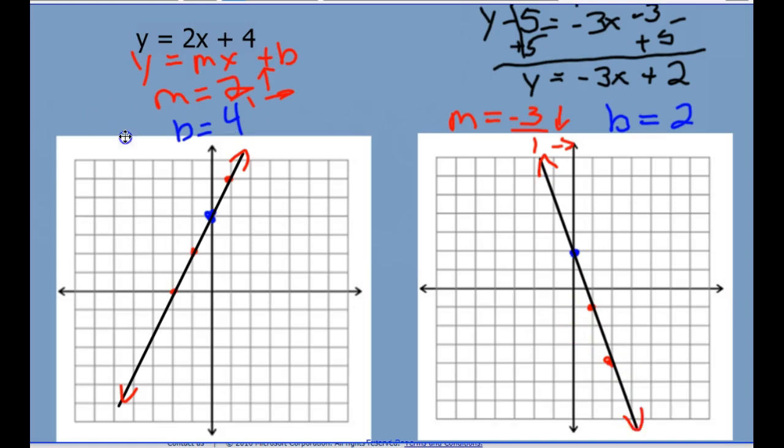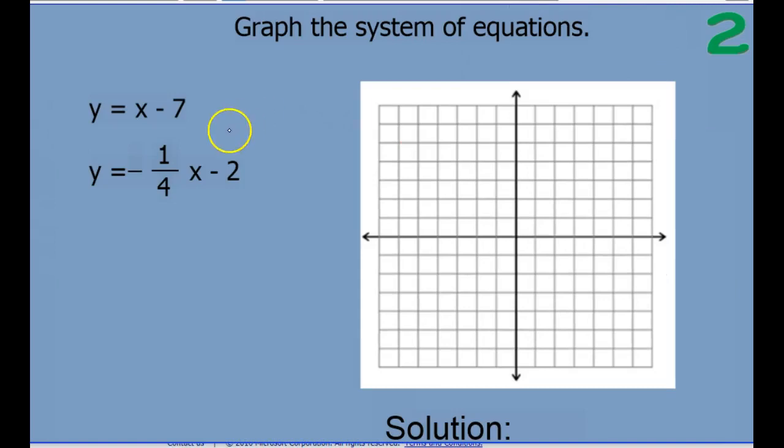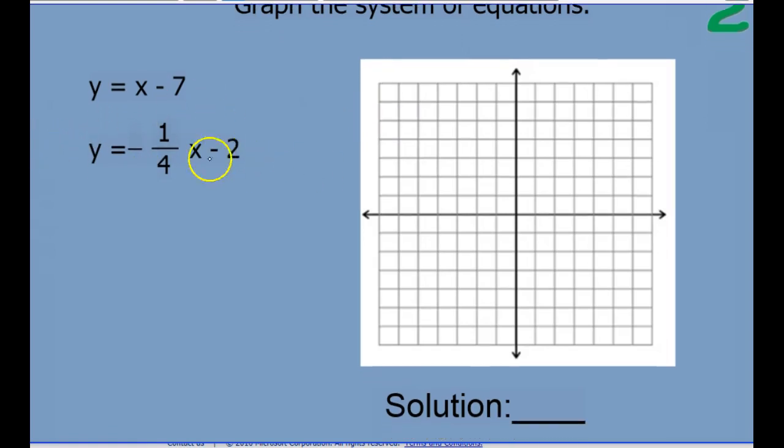So now that we've reviewed graphing equations, we're going to go on to something a little bit newer. What we're going to do is we're going to graph both of these equations on the same graph. And we're going to try to find the solution to both of these equations.